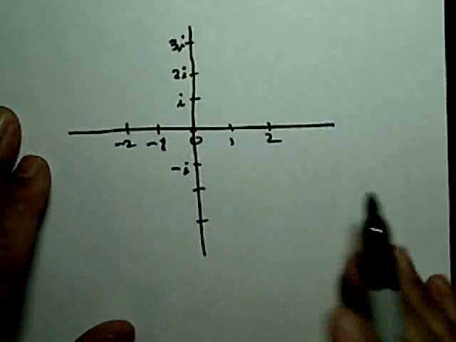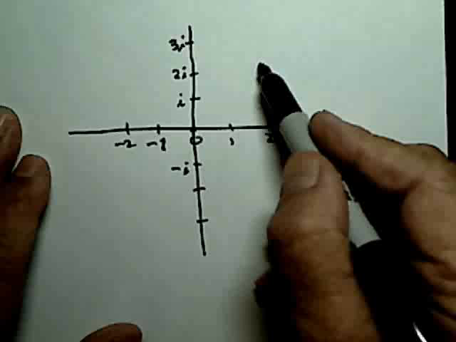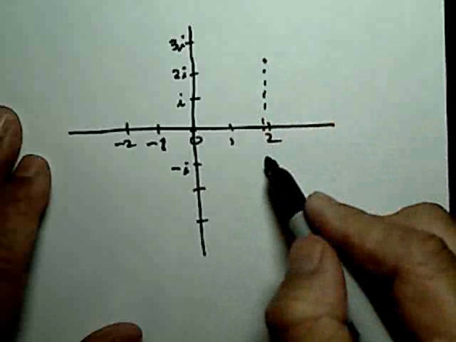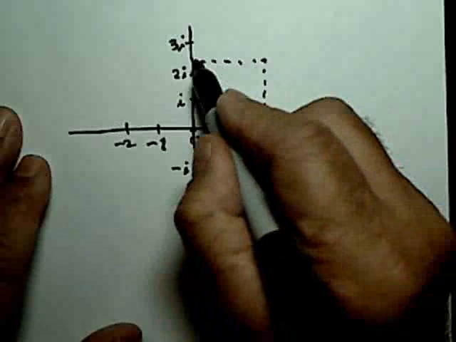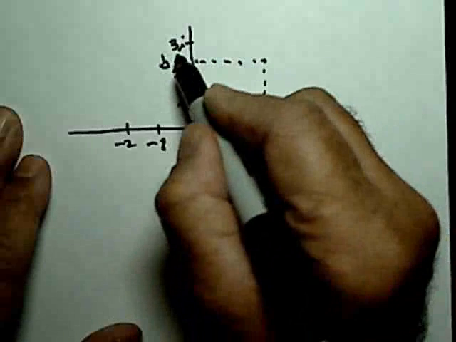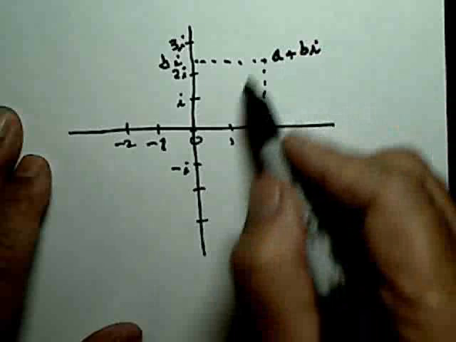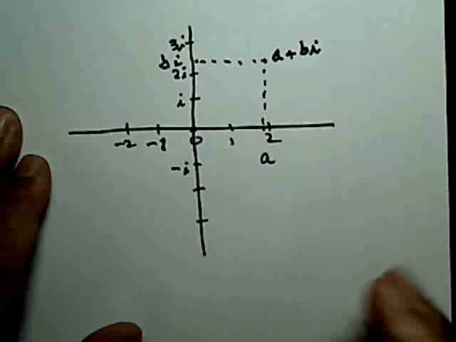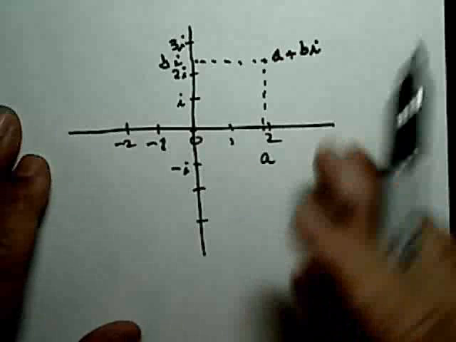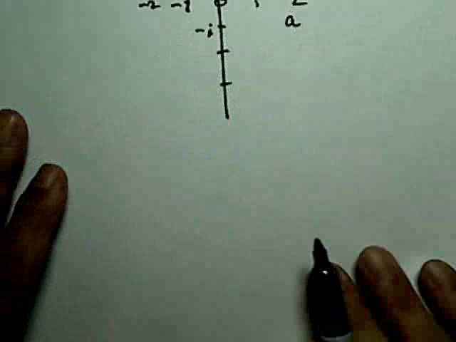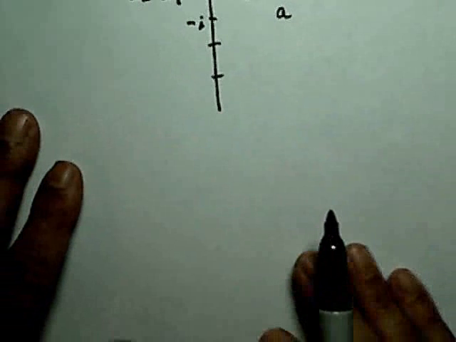It'd be fine. And then, if you take any number in the plane, if you drop down here and that is a, and if you drop over here and that is bi, then this number is called a plus bi, which is what it would be if you used the addition of vectors to get. And it's called a complex number. And one of the things that we learn then in complex numbers very early on is there's two ways.